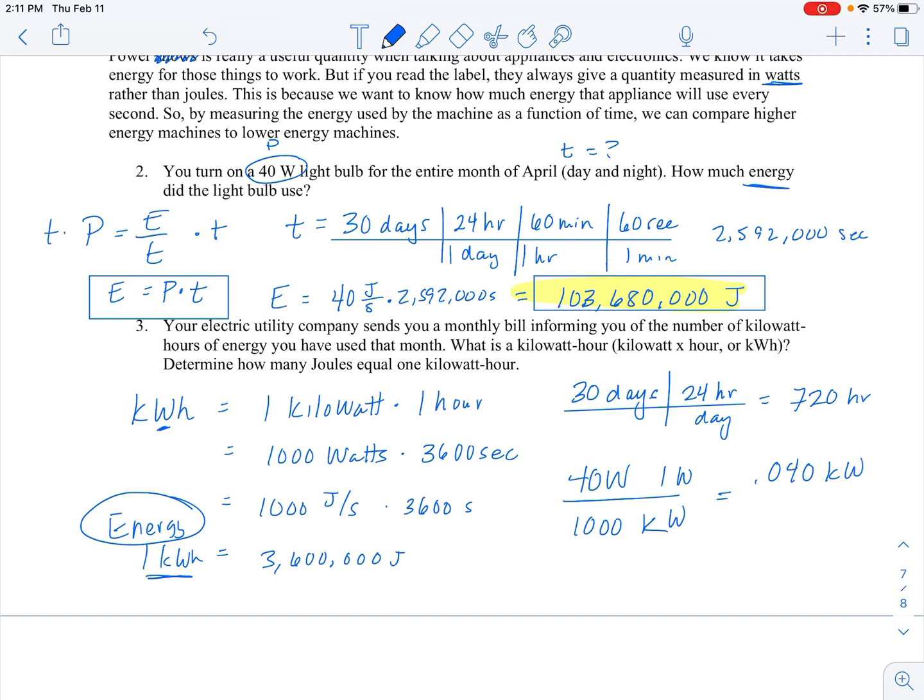And then we would say that the energy consumed by that bulb would be the power rating in kilowatts, 0.040 kilowatts, times the number of hours we had it on, so times 720 hours. So 0.04 times 720 is 28.8 kilowatt hours. Again, that's kilowatts times hours.